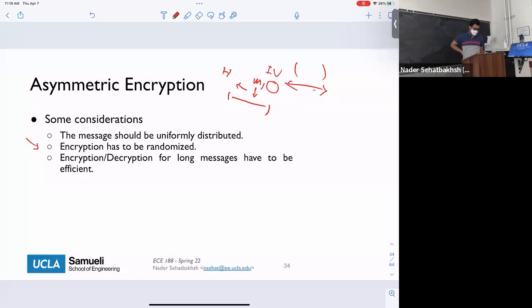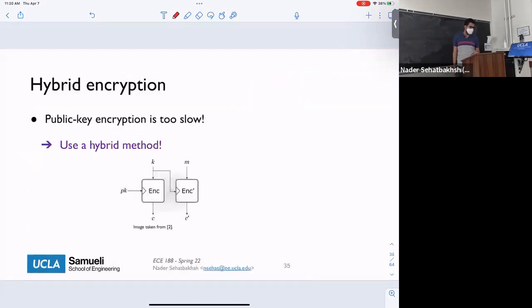And the final thing, which is the biggest challenge with asymmetric encryption mechanisms, is that we want to be as efficient as possible. Remember, the whole point of, for example, using block cipher instead of stream cipher was that the time it takes for encryption and decryption has to be very, very small, right? Unfortunately, for asymmetric encryption, this is the biggest downside.